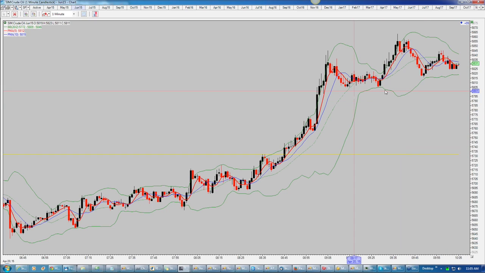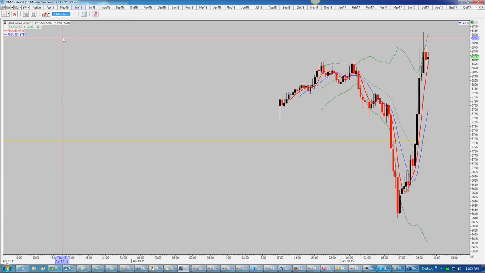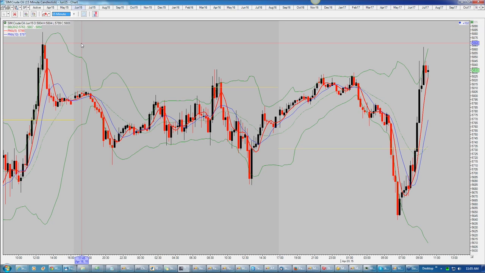But chart-wise, this is pretty strong, pretty bullish. But typically, if it either fails at the high and breaks down, or rolls over after this up move, it's going to do that. That is just a very aggressive up move.